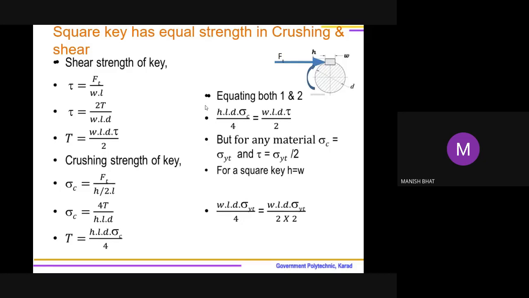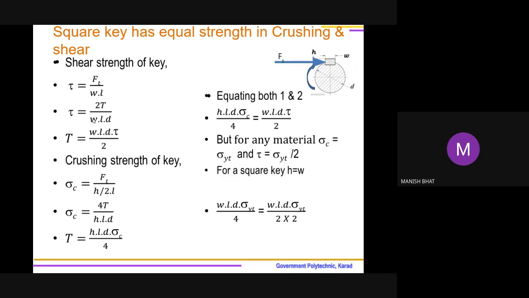A square key is one which has height equal to width. H will be W, the same. Both will be the same. So these are the two equations. Shear strength equation, tau is equal to Ft upon W into L. Shear occurs along the width and length, so W into L. And we have Ft as 2T upon D.